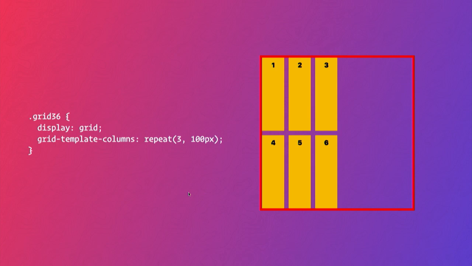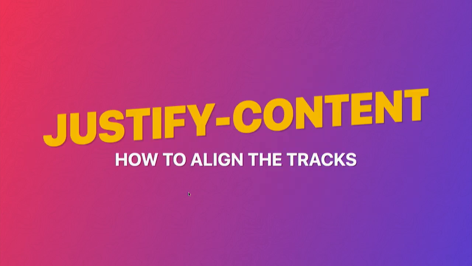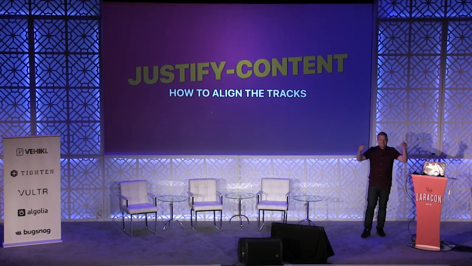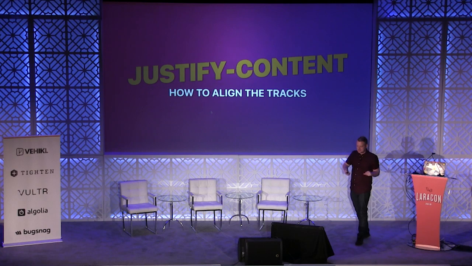This is the example that we're going to be looking at for all of these, where you have a grid, and we got 3 columns, and that's about it. Now, let's go into the first one, which is justify content. This is how you align the tracks themselves, not the things inside, but the actual tracks themselves.